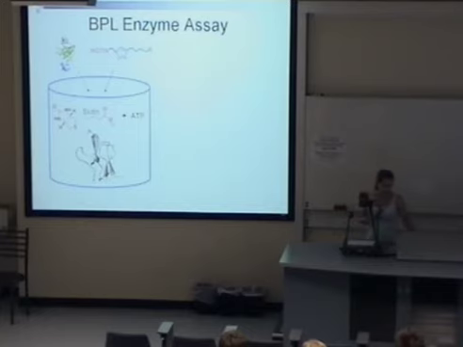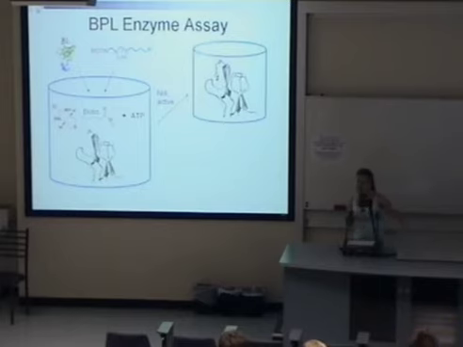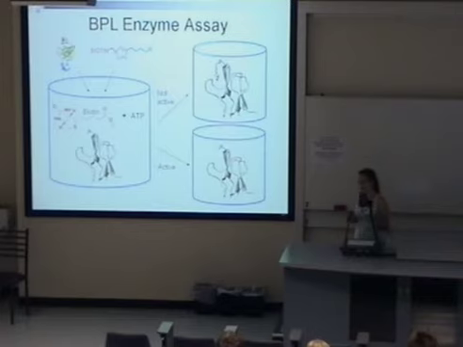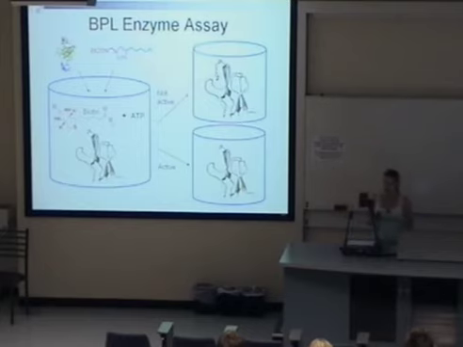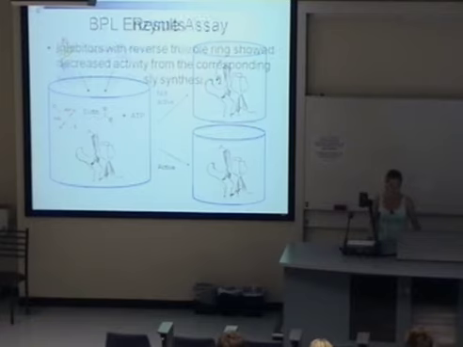And if our compound doesn't inhibit, it performs its natural function of attaching biotin to a biotin-dependent enzyme. And so you get the top one. But if our inhibitor works, then we shouldn't get it attaching. So we measure the amount of the biotin that's attached, and that gives us an indication of how well our compound is inhibiting BPL.